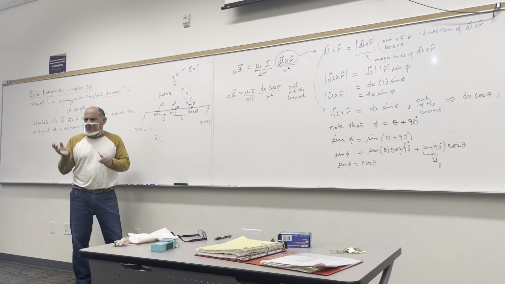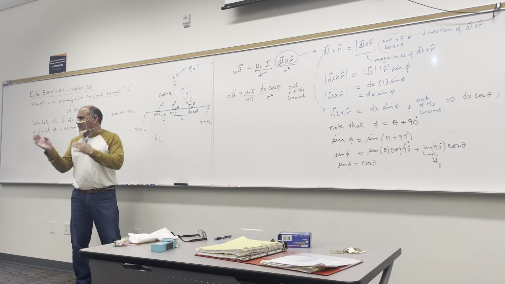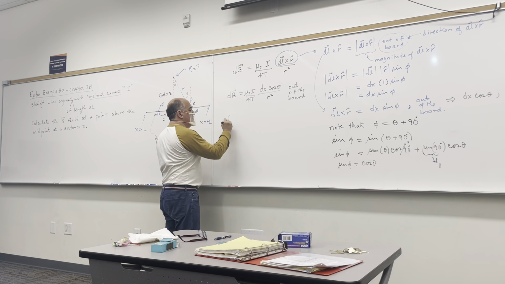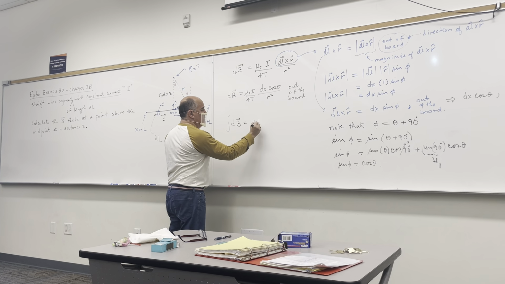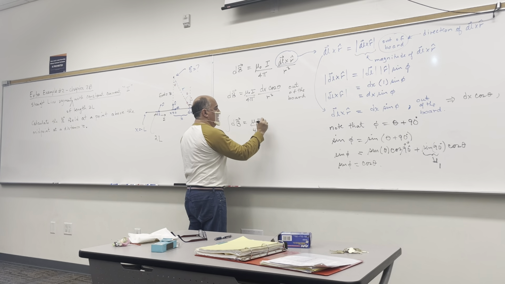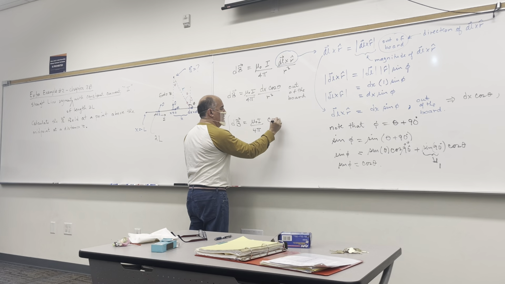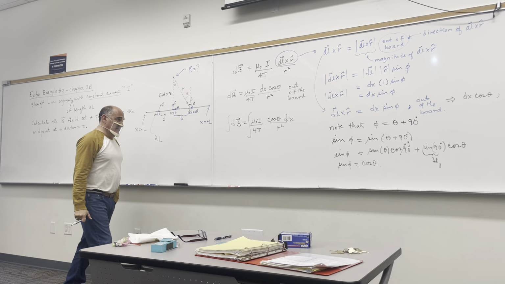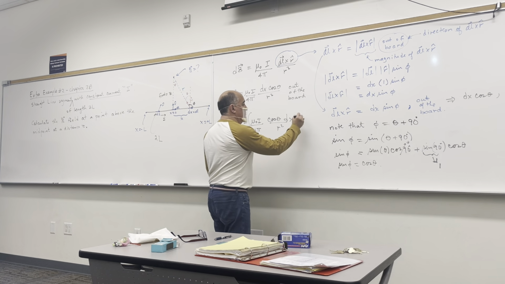I don't have to worry about cancellations of this component or that other component. So therefore, integrating this gives me mu naught I over 4 pi, and I'll write down cosine of theta over r squared dx. So I have to integrate all of that, right? And all of this is out of the board.